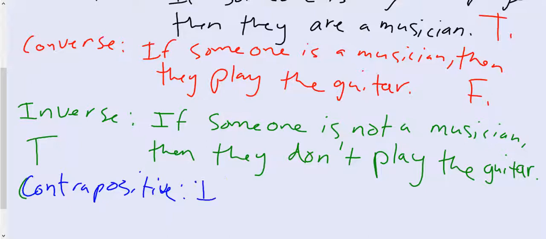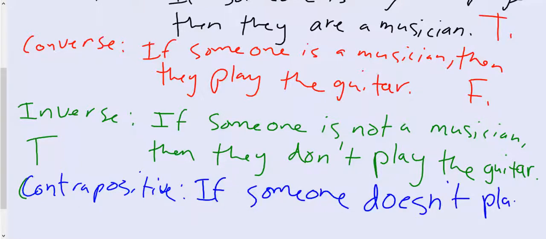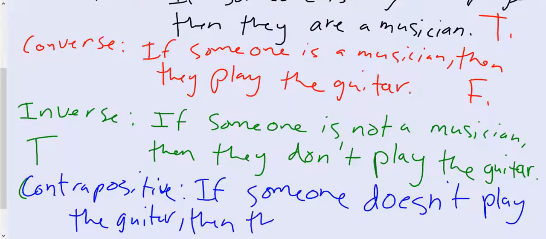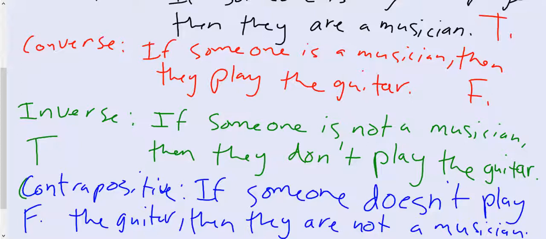If someone does not play the guitar, then they are not a musician. And I believe this one would be false, because let's say I play a different instrument, such as the banjo, then I could still be a musician. So I'd go with false on that.